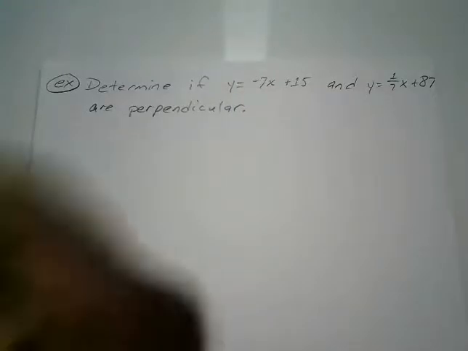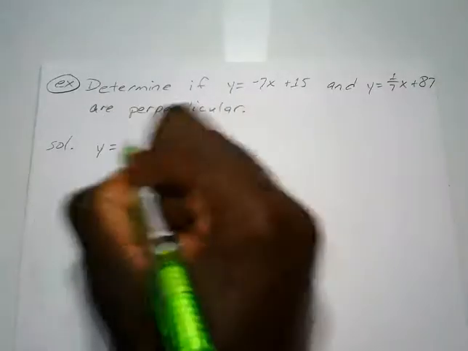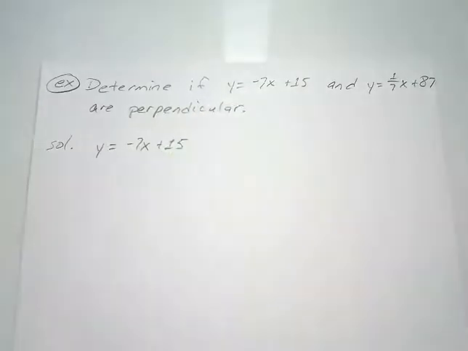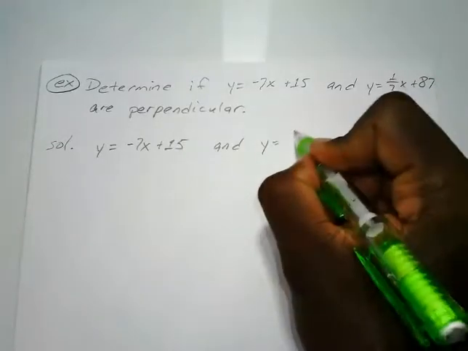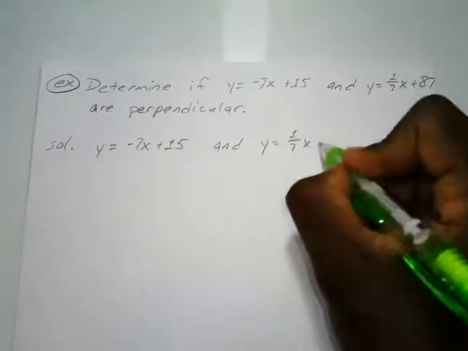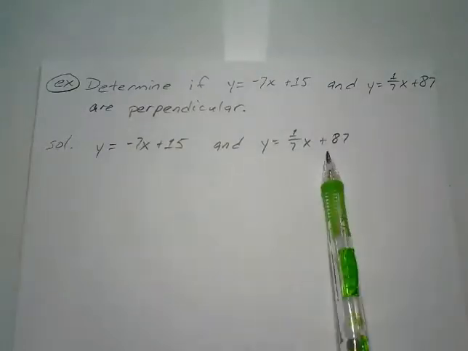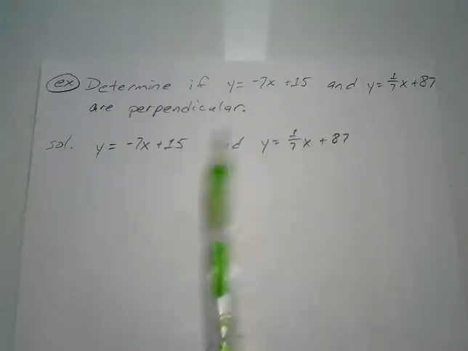All right, so really with this one, we have y equals negative 7x plus 15, and we have y equals 1 over 7x plus 87. Now remember, for parallel and perpendicular, we're not worried about the y-intercept.